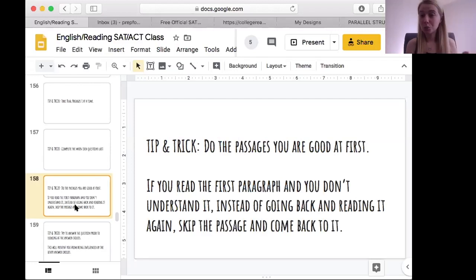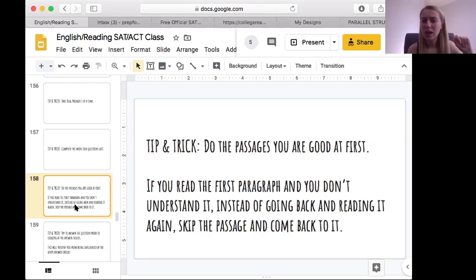So if, as you're practicing on your own, you find that the science passages you always bomb, you always do horrible on, that tells you that if you see a passage that starts talking about DNA, that's the passage to skip for you. Or if at the beginning it always has a synopsis, it tells you when the article is written, it tells you who wrote it.